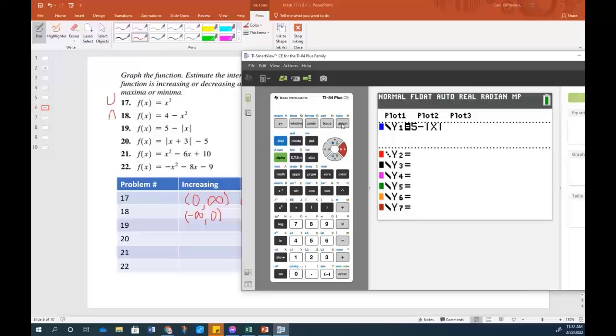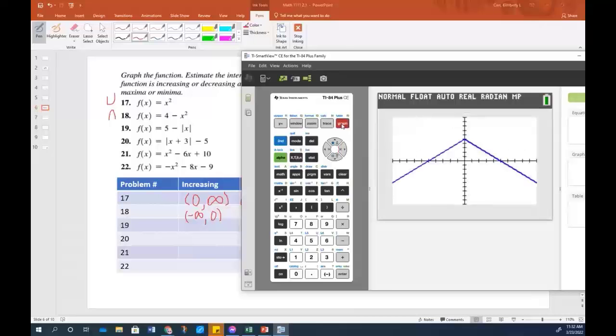So again, that was under math and then over to number. So this one then looks like that V that heads down. I'm going to pick up a little bit of speed. We could solve for that, but I happen to know that point is (0, 5).